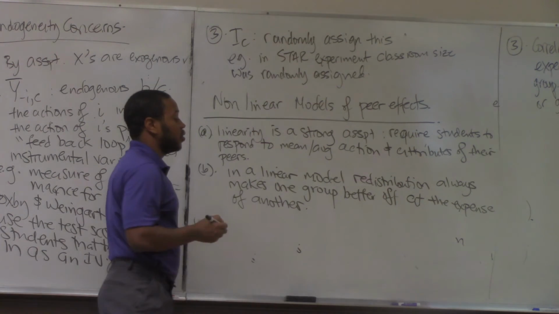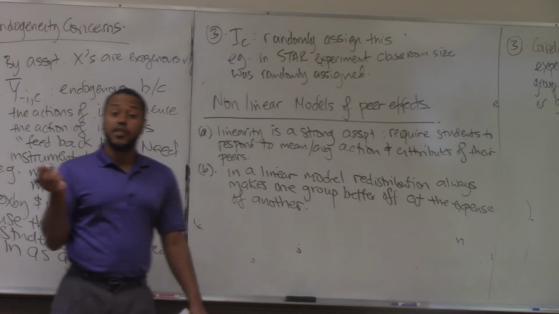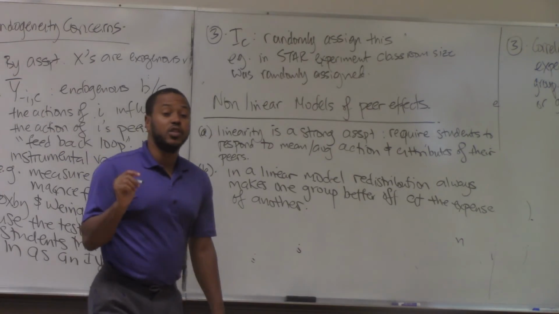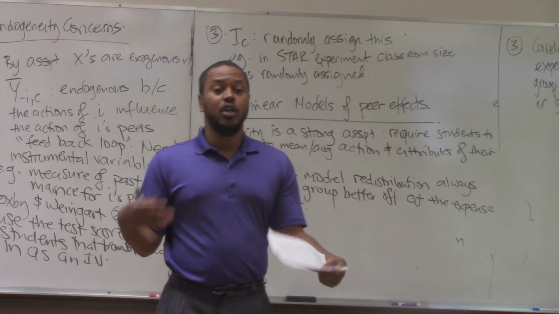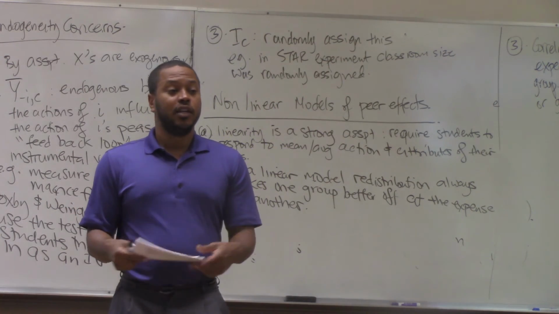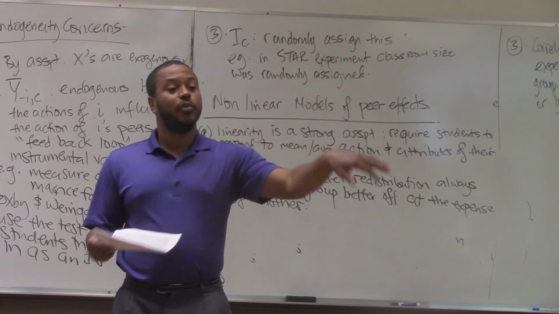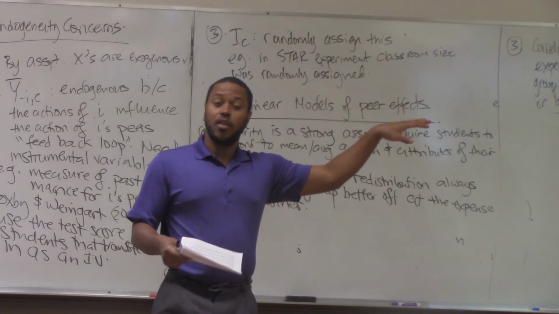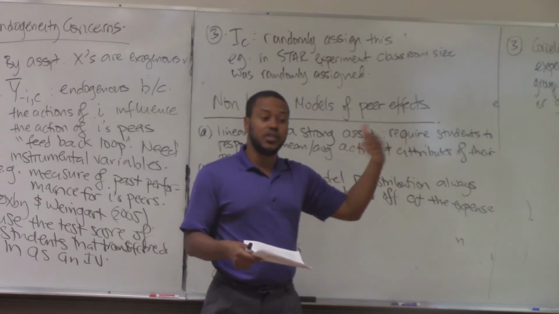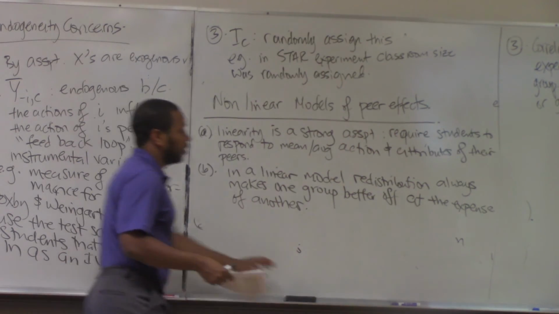By redistribution, we mean redistribution of students, for example. If we took some of the smart students from this class and put them in another class and replaced them with less smart students from another class, that's obviously going to affect the average level of skill in this class, but it's going to make the other class better off. So this is one of the reasons why we want to think about nonlinear models.